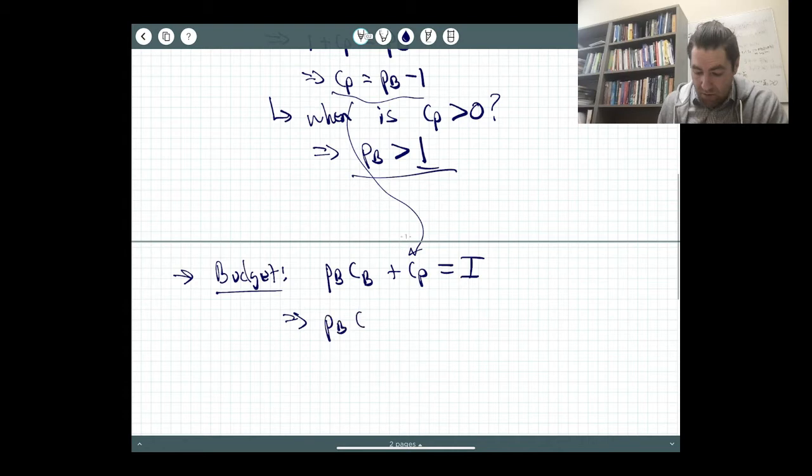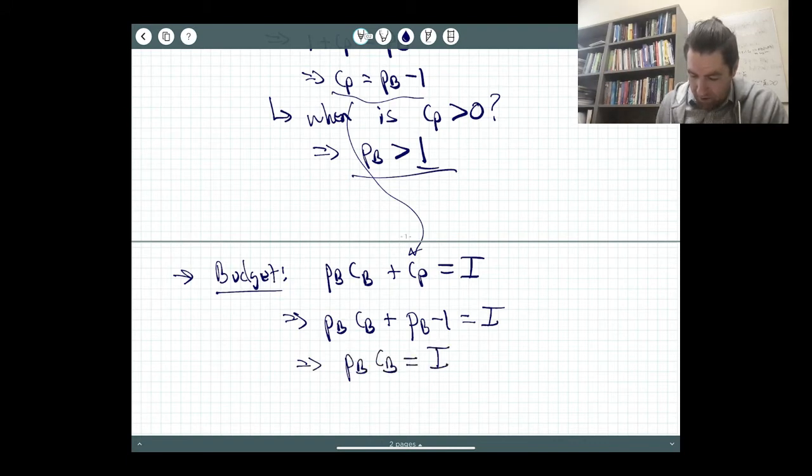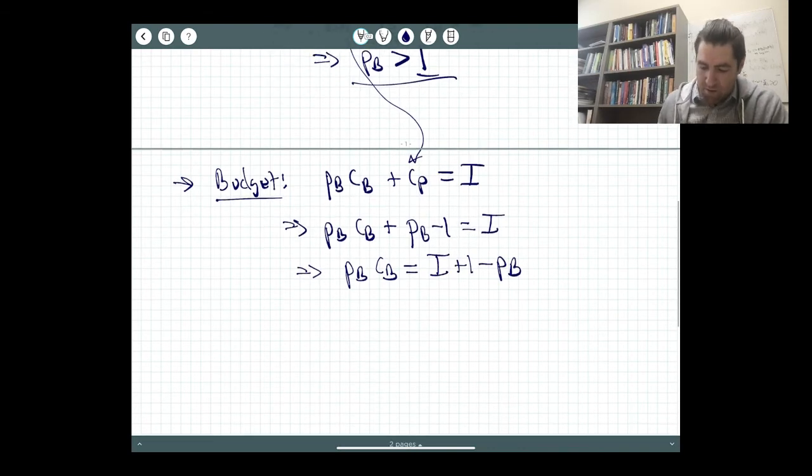I get PB times CB plus PB minus 1, that's CP, has to be equal to I. So PB CB has to equal I plus 1 minus PB. And then I can divide by PB.